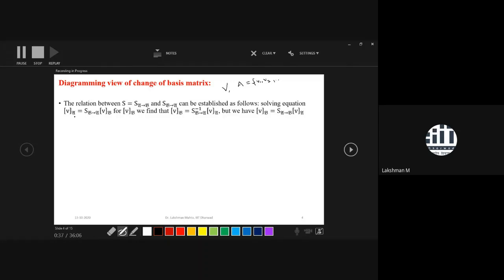Remember, this curly notation is the calligraphic A notation. Somehow it is a stylish A, you can say. That's why I'm calling this one A, and this one is the notation of calligraphic B. These are different styles of writing A in a fancy way. So we take the first basis A, having basis elements V1, V2 up to Vn, because V is an n-dimensional vector space.